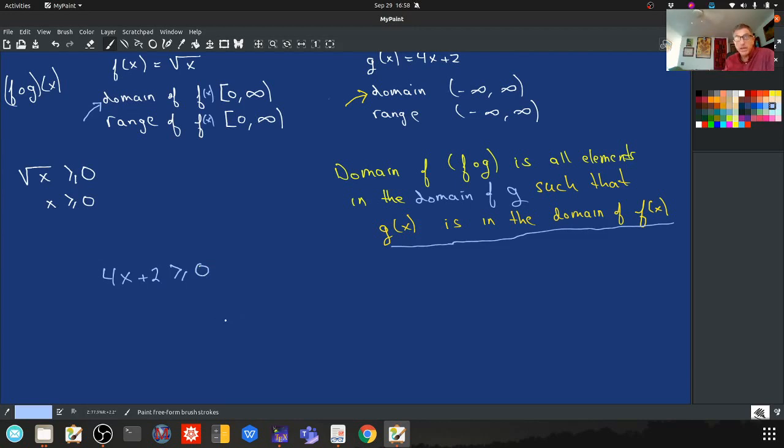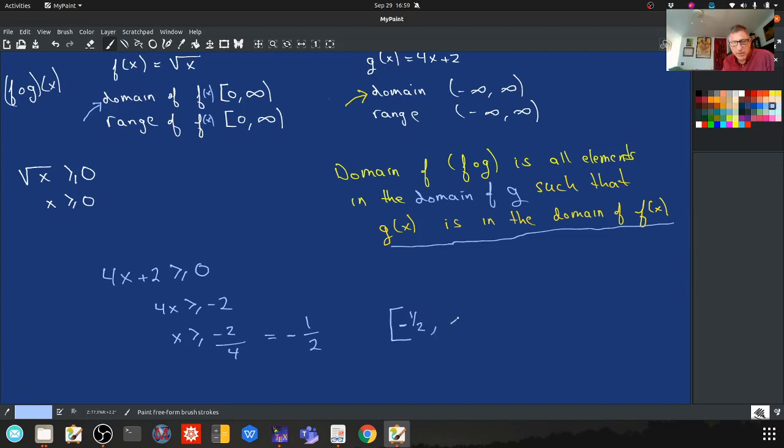So I need 4x plus 2 to be greater than or equal to 0. So we just go ahead and we solve. 4x is greater than or equal to minus 2. So x is greater than or equal to minus 2 divided by 4, which is equal to minus 1/2. There we go. So x greater than or equal to minus 1/2.